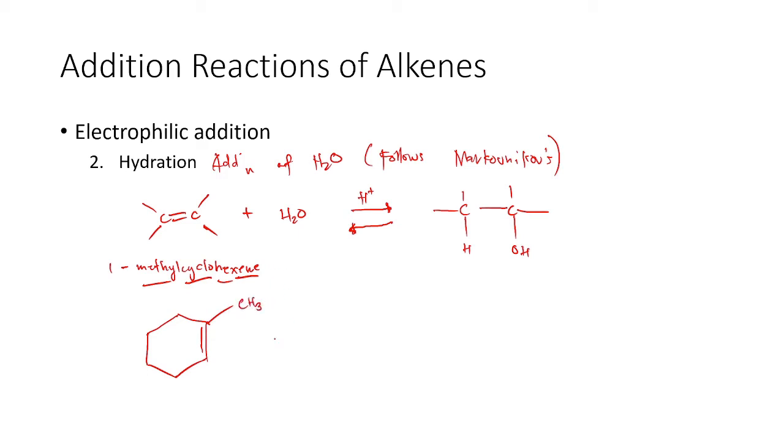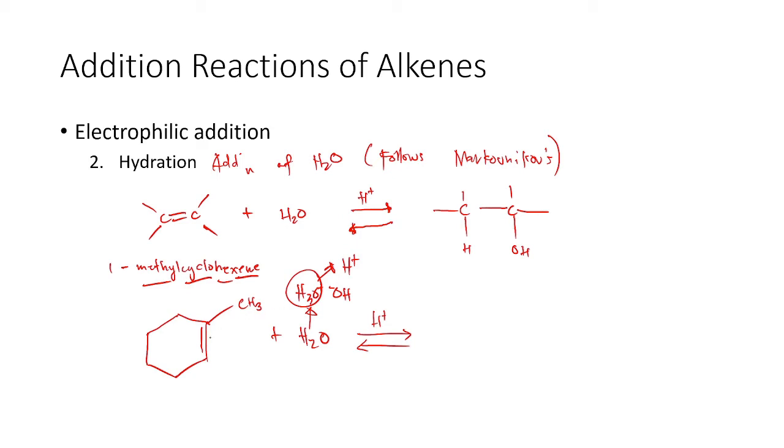So in here, if we add water and our reaction has the presence of acid, what will actually happen here is that we will have here water, which is actually H3O plus, and we will have here our OH, which is negative. So this H3O plus is actually just a special way of representing our hydrogen. So in here, what will happen is that hydrogen will attack the carbon which has a greater number of hydrogen.